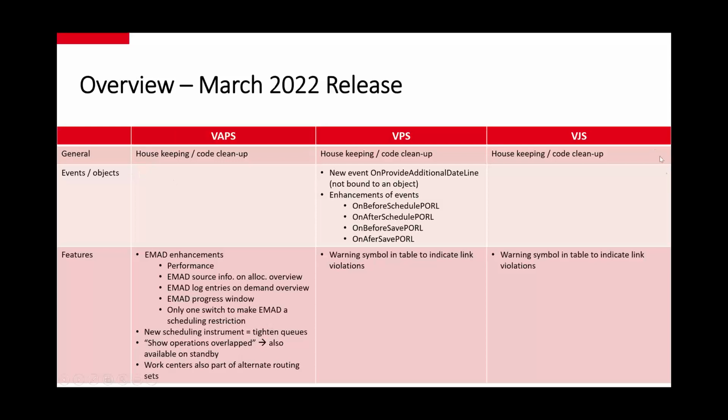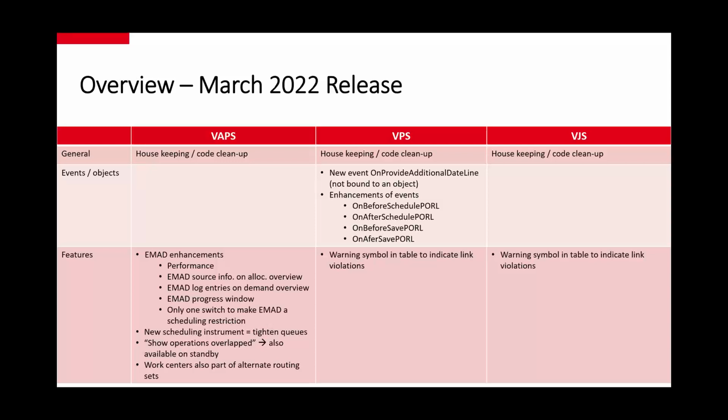With the VAPS and the VJS, we didn't release any new events or objects, so we kept the API stable. But with the VPS, we provide a new event called on-provide additional dateline, so that you have the capability to show any additional dateline in the visual scheduler that is not bound to a specific object. And we had events there that kick in when you schedule a PORL, a production order routing line, so when you schedule an operation or when you save the operation that you have scheduled.